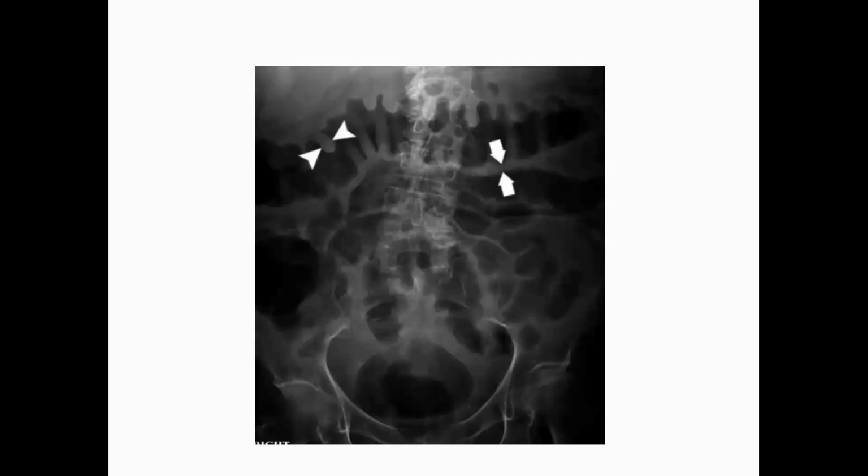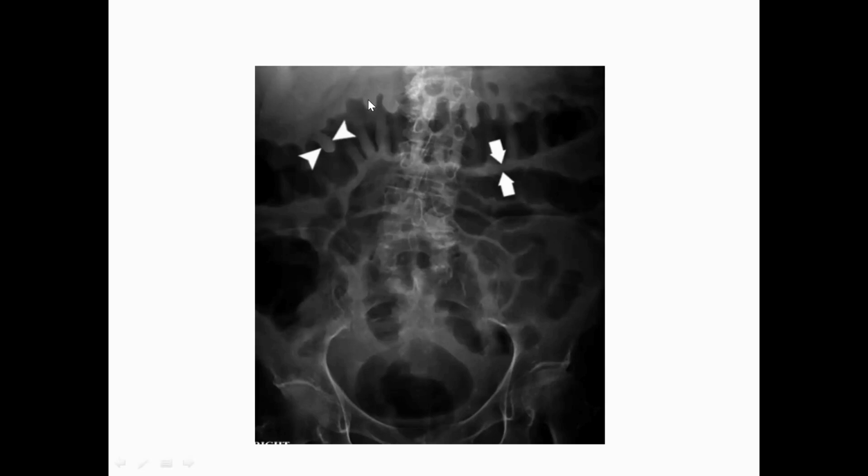So in patients with inflammatory bowel disease like ulcerative colitis, what are the features of colitis on the abdominal X-ray? Do you see this? Normally the bowel wall should be continuous in the large bowel. Here, if you look, there is thickening, and the mucosal folds are very thick.